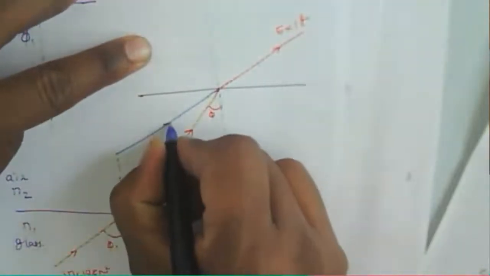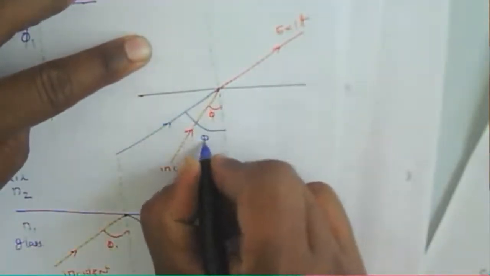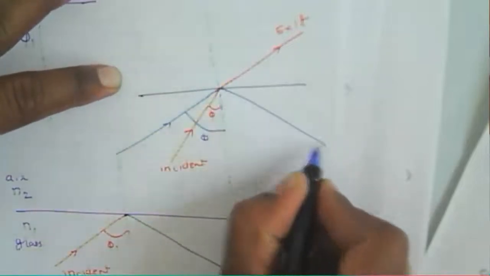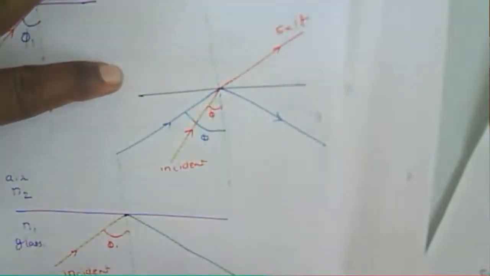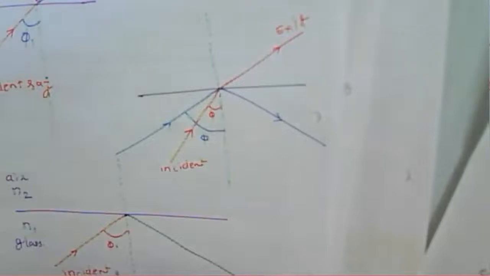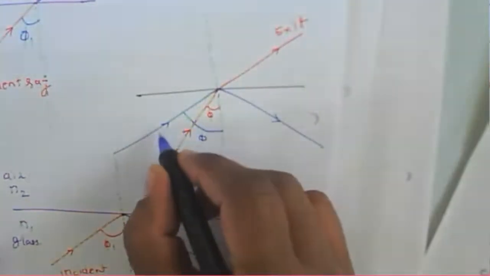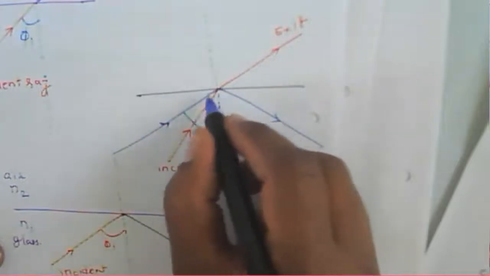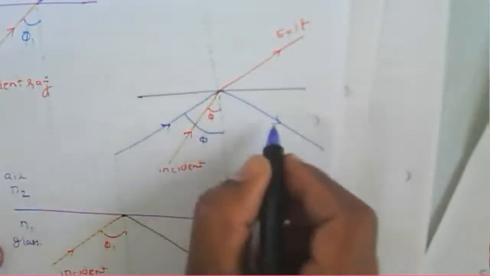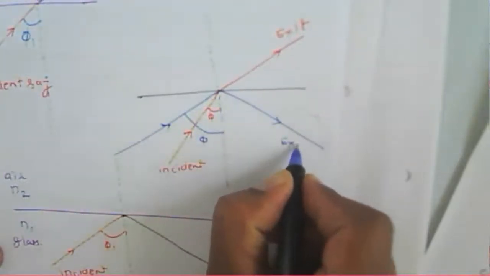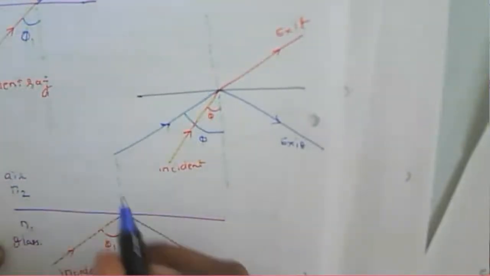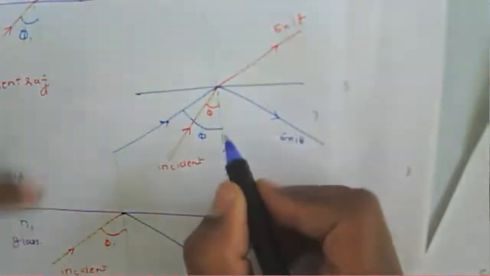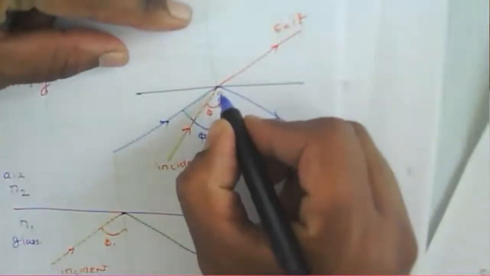Now if I change the value of phi, now this one is a different phi, so the ray will be reflected back. Meaning if I change the angle of incidence across this boundary, your signal will be reflected. That is the exit ray.